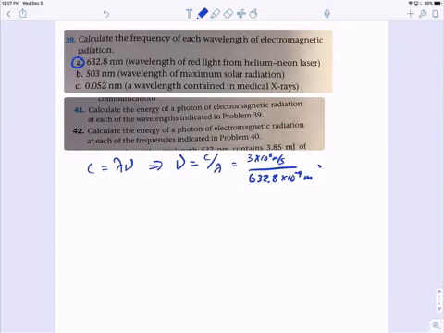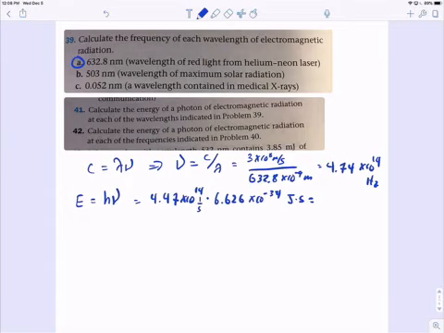And energy is h nu, equals 4.74 times 10 to the 14th times 6.626, and this is 1 over seconds, times 10 to the minus 34 joule seconds, which is 3.14 times 10 to the minus 19 joules.